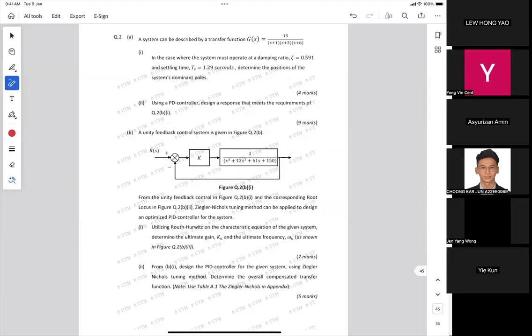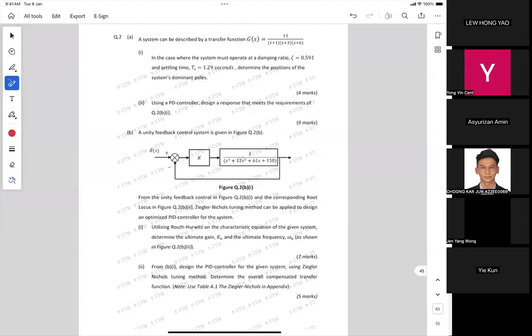Utilizing Routh-Hurwitz and the characteristic equation of the given system, determine the ultimate gain Ku and the ultimate frequency omega u as shown in figure Q2B2. From B1, design the PID controller for the given system using the Ziegler-Nichols tuning method. Determine the overall compensated transfer function. Use table A1, the Ziegler-Nichols table in the appendix.